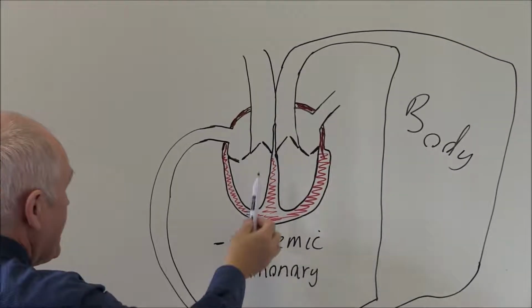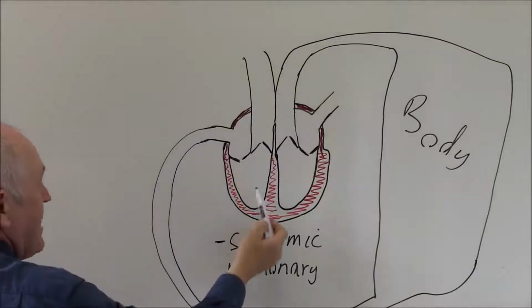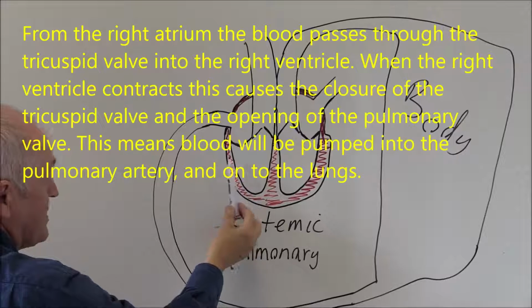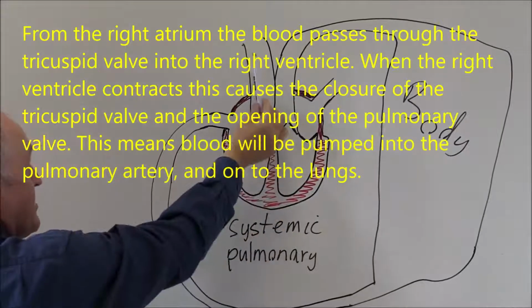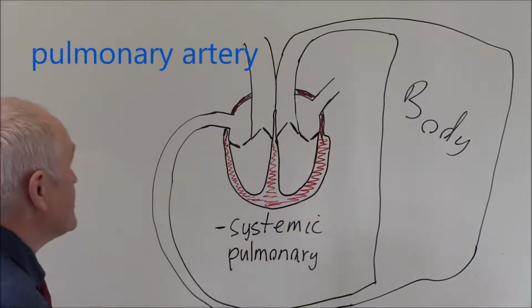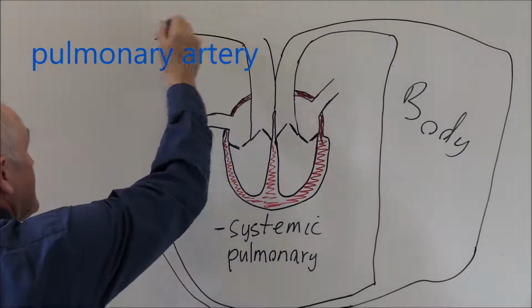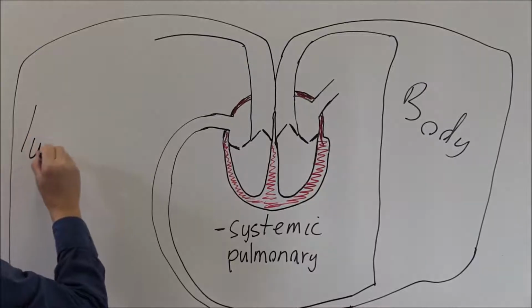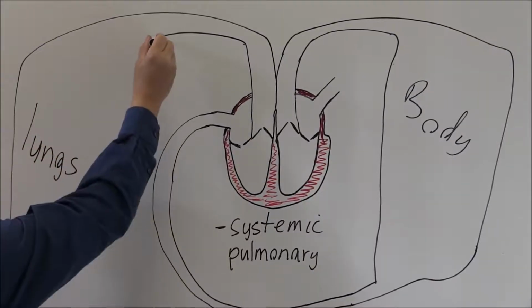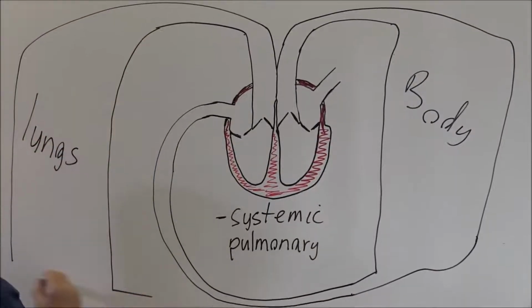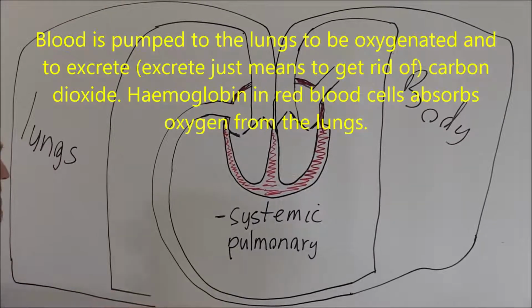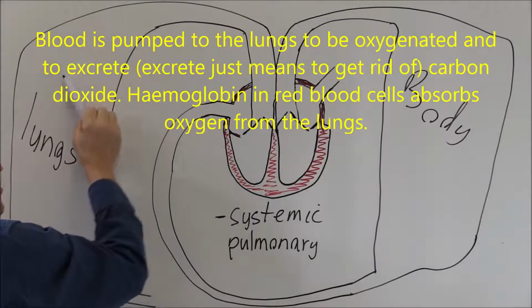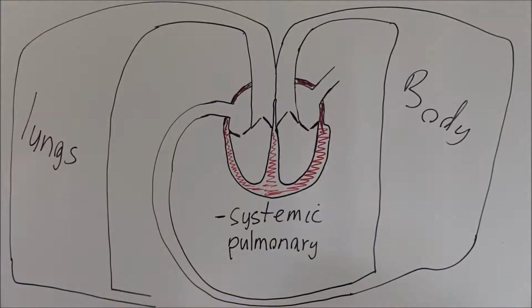Now, the right atrium, the right ventricle, that's the right atrium there. The blood goes from the right atrium to the right ventricle. When the right ventricle contracts, the blood is ejected into the pulmonary artery, and that's going to take the blood to the lungs, which we can represent here. So here we have the lungs. It is the pulmonary arteries that are taking blood to the lungs in order to be oxygenated.